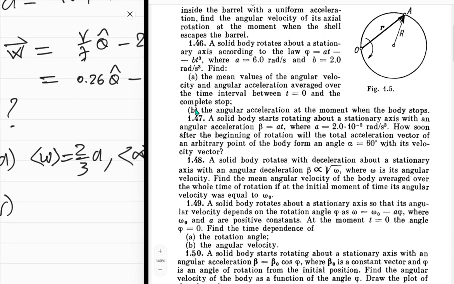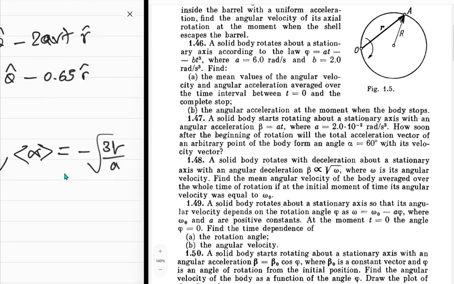Oh, and just by the way, the dimensional analysis. A has units per second, and this is also per second, so this makes sense. And then what about this guy? It's square root of 3b upon a. Well, b has time power -3, and that upon a, which is time power -1, is going to be time power -2. Square root of that is time power -1. Wait, what? No. It's time power -3, and that upon time power -1. Uh-oh.